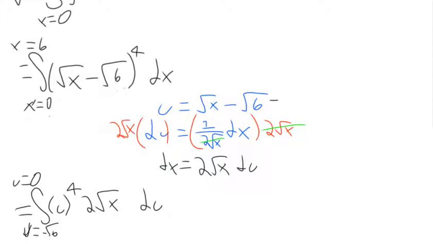Just add the square root of 6 on both sides, and we get the square root of x equals u plus the square root of 6. And I can substitute that in right here. So let me just erase this, and plug in u plus the square root of 6.